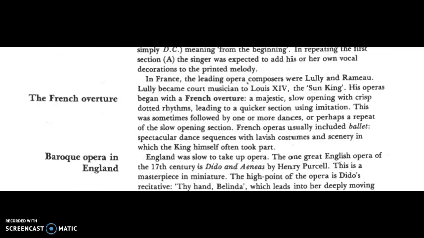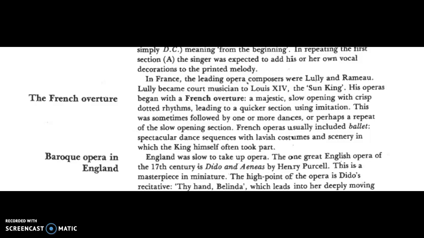In France, the leading opera composers were Lully and Rameau. Lully became court musician to Louis XIV, the Sun King. His operas began with a French overture. So that's the other way around, a majestic slow opening with crisp dotted rhythms. Ta, ta, ta, ta, ta, ta, ta.